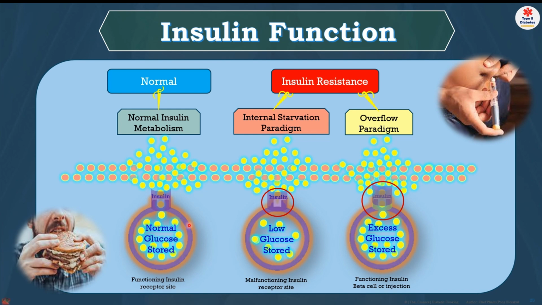Okay, when you have insulin resistance, there's an internal starvation paradigm created because you have a problem with the insulin, and the insulin cannot intercept the glucose, so less is put into your storage. That means it's starvation. That means you don't have enough in your system.